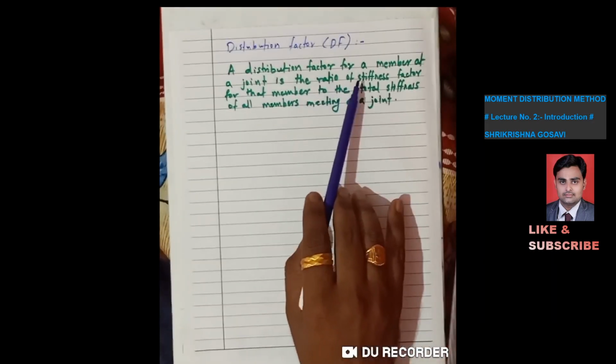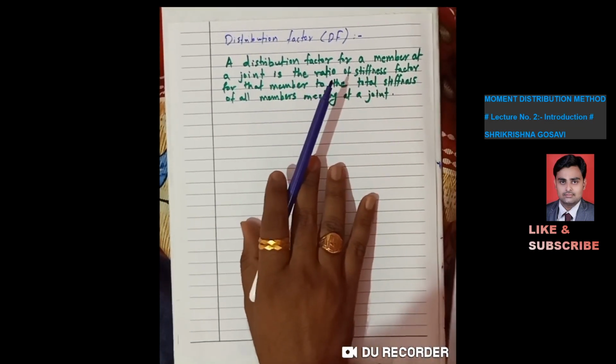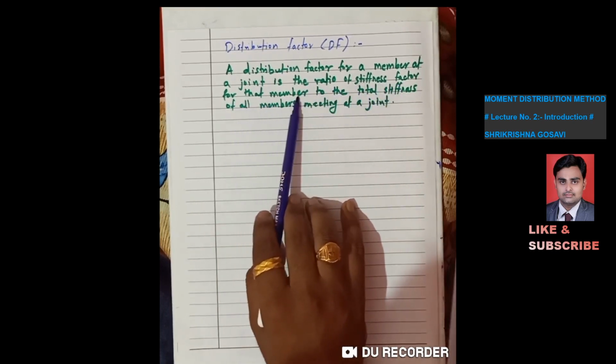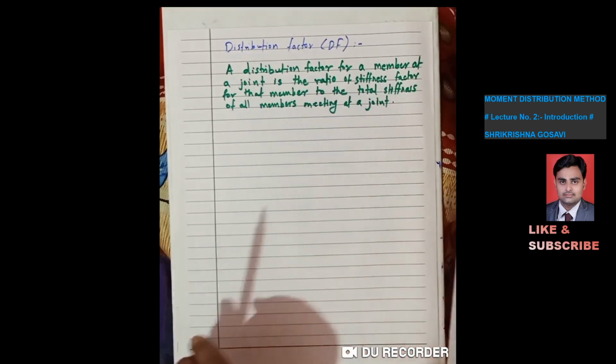A distribution factor for a member at a joint is the ratio of the stiffness factor for the member to the total stiffness of all members meeting at a joint. Now suppose I take one point. This is point B, and two members are meeting at this point.